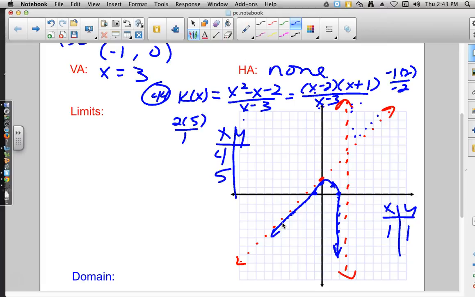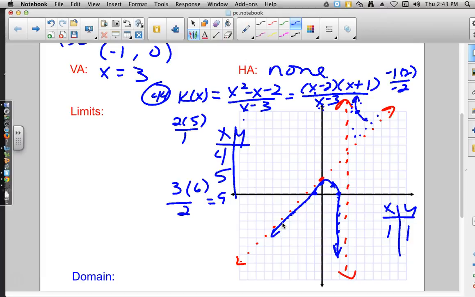So that's at 10, right up here. And then because that ended up so high, again, I might want to go ahead and put in a 5 just to see what happens. 5 minus 2 is 3, 5 plus 1 is 6, and then 5 minus 3 is 2. So that would give us a 9.